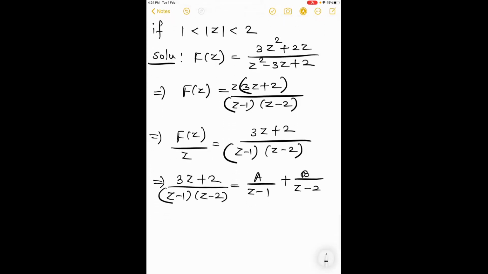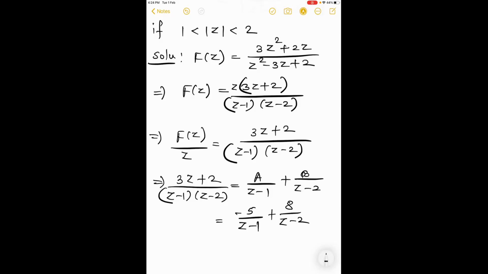So what is A and B? Ma'am, is it minus 5 as A and B as 8? Correct, very good. So that's the correct value. A is minus 5, you're writing the denominator term as Z minus 1, and the answer for B is 8. So minus 5 upon Z minus 1 plus 8 upon Z minus 2.